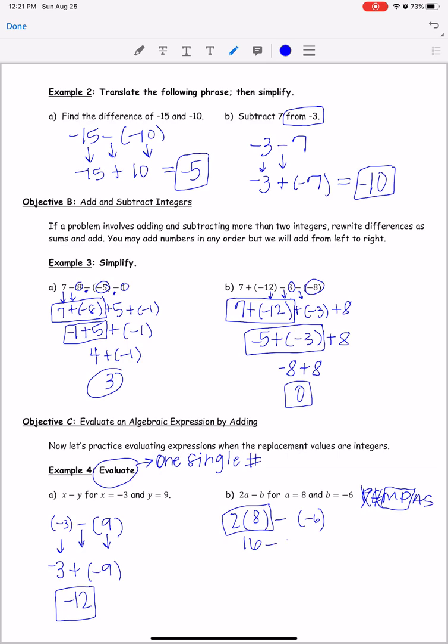So minus a negative 6. So now that it's a subtraction problem, keep, change, flip. Keep your 16. Change the subtraction to addition. And flip the sign of the second number. This negative 6 becomes a positive 6. So now 16 plus 6, that's just a nice old plain 22.